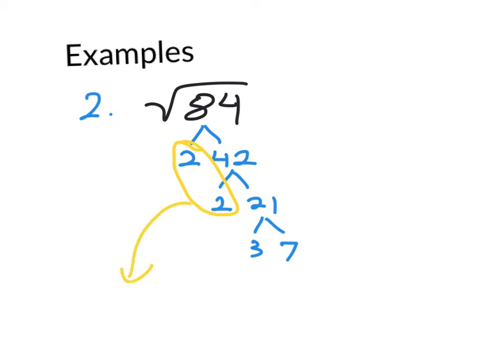So our final answer then, we would put 2 times the square root of 21, which is the 3 times 7, okay? 2 times the square root of 21 would be our final answer.